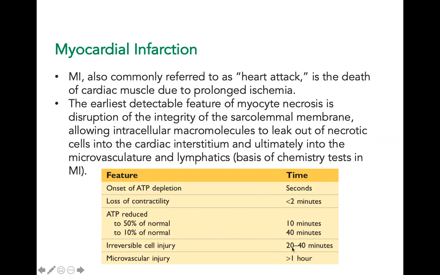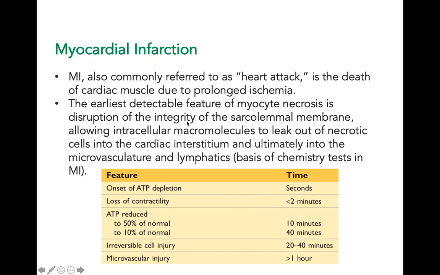Okay? And then, in a matter of 20 to 40 minutes, kaya ito yung time natin na kailangan talaga siyang dalhin sa ospital. Pag merong signs and symptoms na masakit yung puso, kailangan talagang idalhin agad sa ospital. Alright?